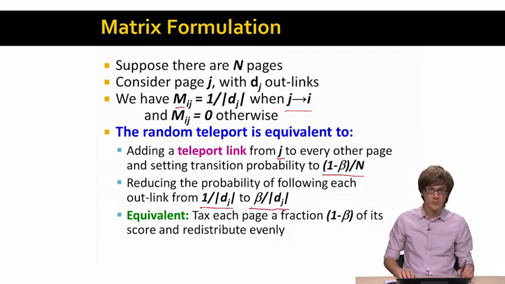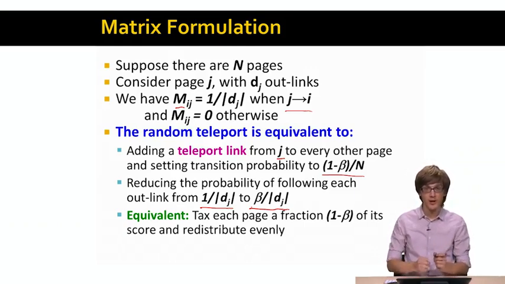So now what we did is we took our graph and transformed it into a fully connected graph with different transition probabilities over the edges that correspond to the hyperlinks and the edges that correspond to teleports.